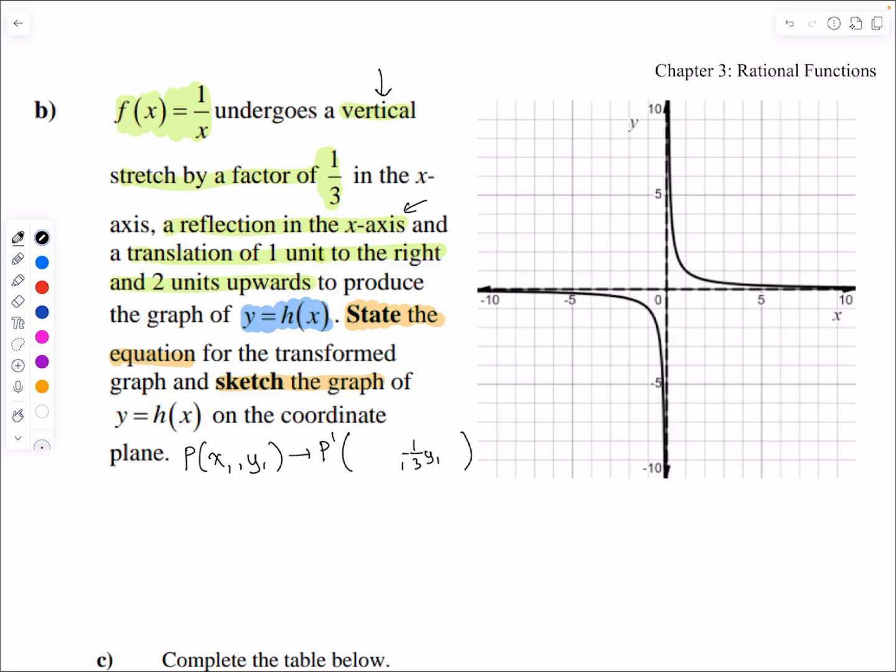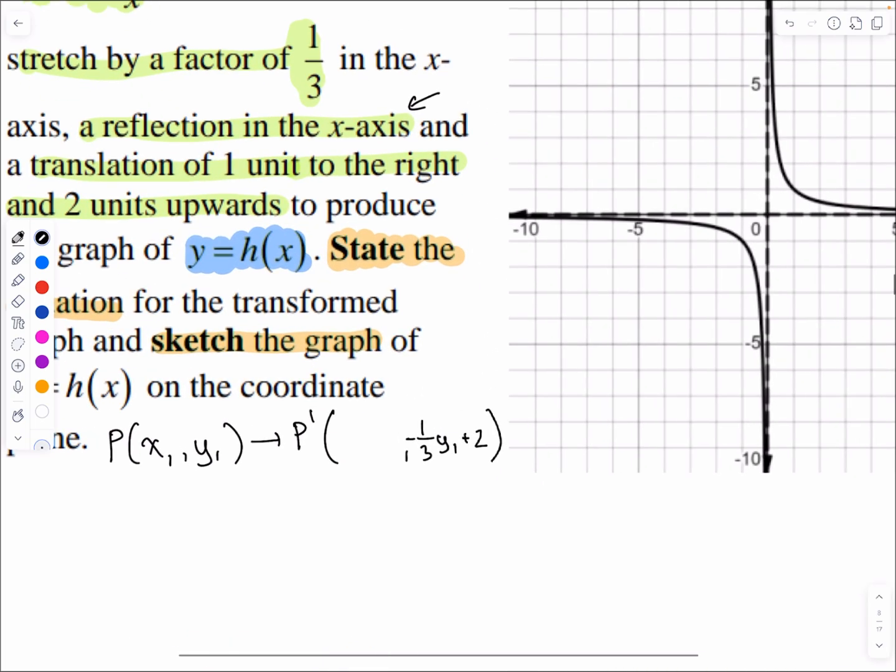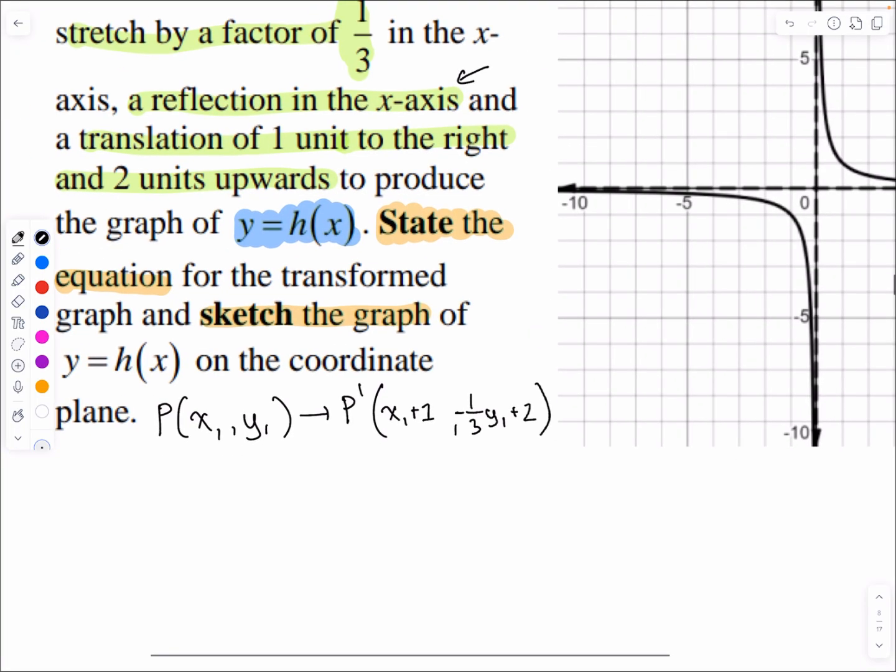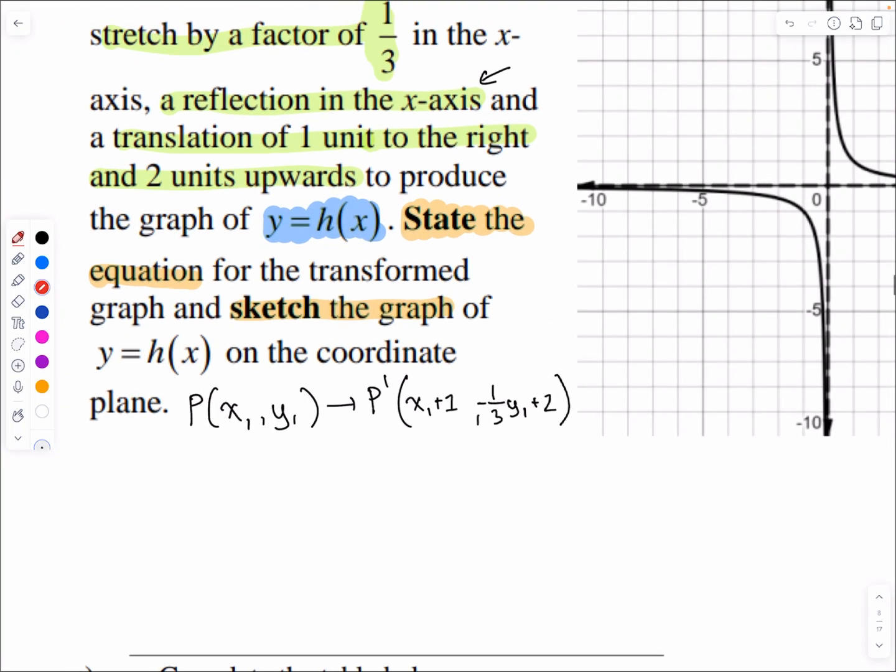We're going 1 right and 2 up. So 2 up will be added to our y values, and then we're going 1 to the right, so 1 is added to our x1 values. Another important piece when I'm looking at this mapping notation is that this is all in terms of our original points x1.